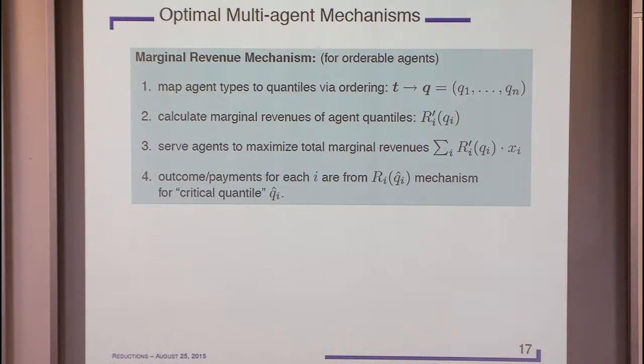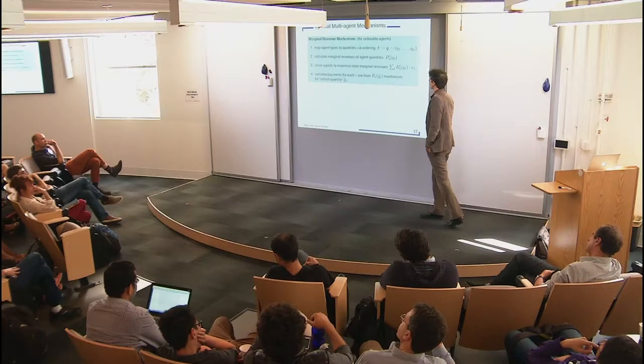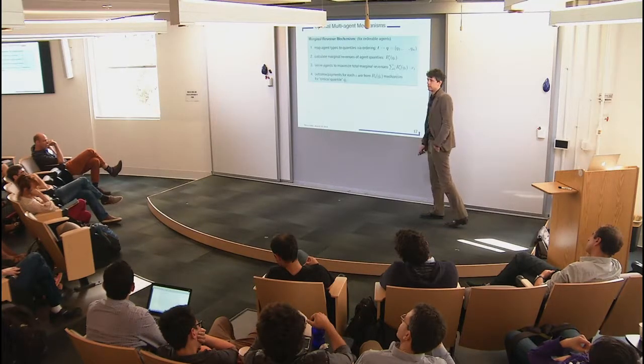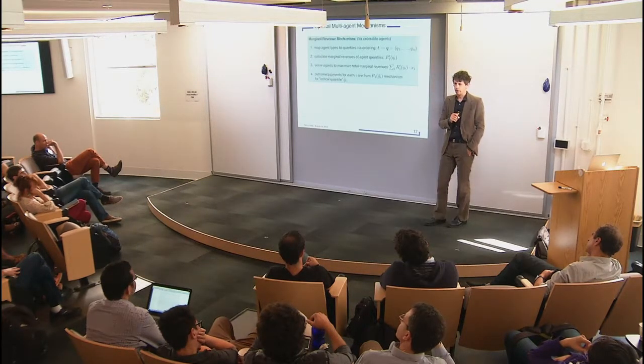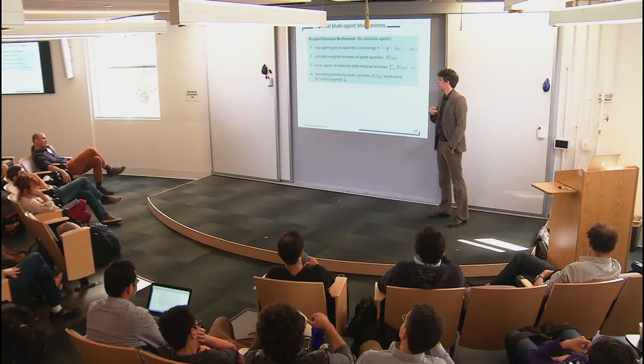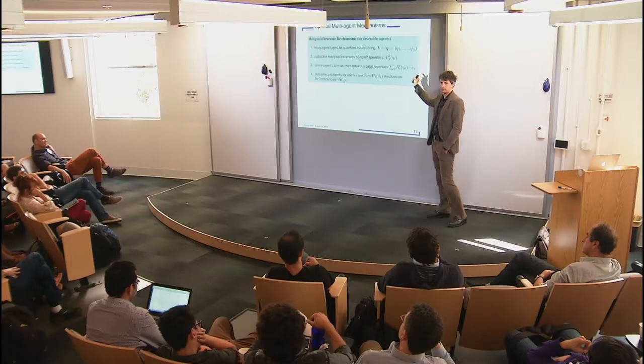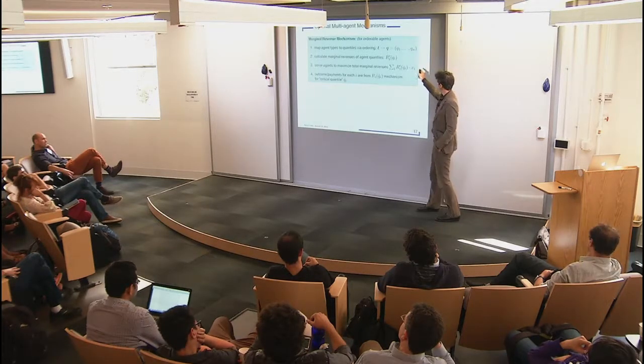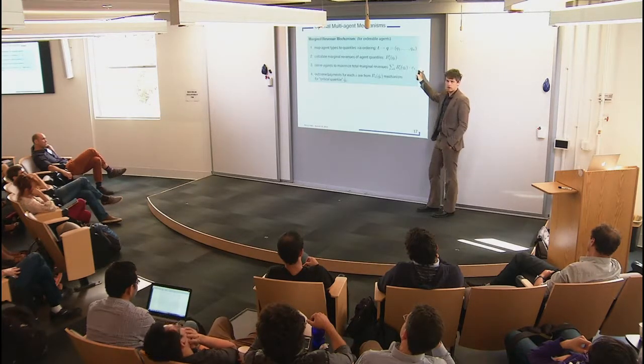Jason, is the critical quantile the one in which your probability falls all the way to 0, or it falls at all lower than what your current probability is? I'm not sure this critical quantile is. That's a great question. Implicit in that question is that these players might be served with probabilities. But actually, once you've done this, x is going to be 0 or 1. And that's going to come out.